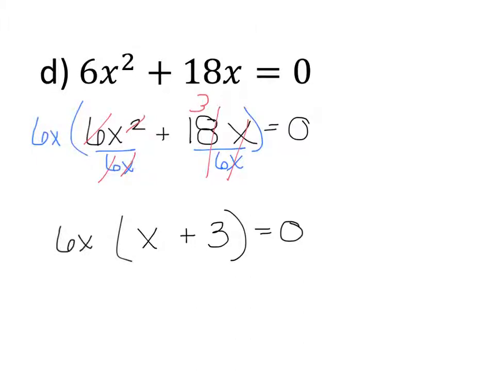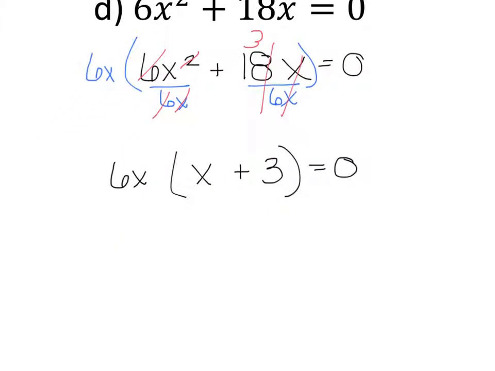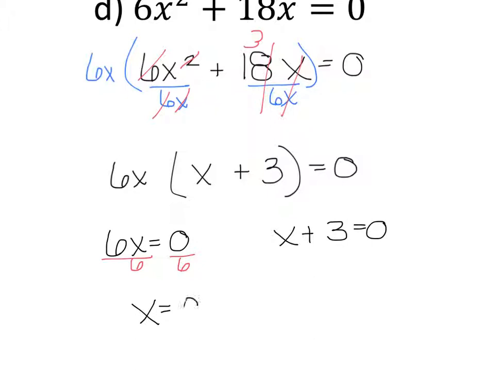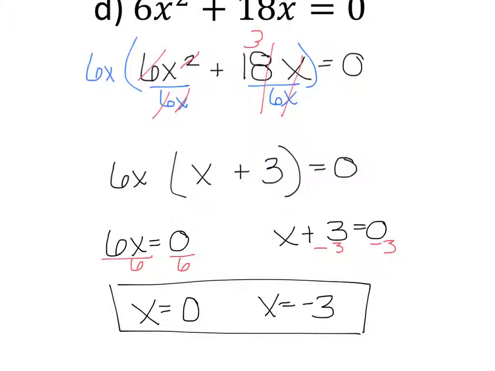So in this, 6x is a factor and x plus 3 is a factor. So we'll set each of those equal to 0. So 6x equals 0 and x plus 3 equals 0. Let's divide by 6. So x equals 0. Subtract 3. X equals negative 3. So those are the two solutions for that equation.